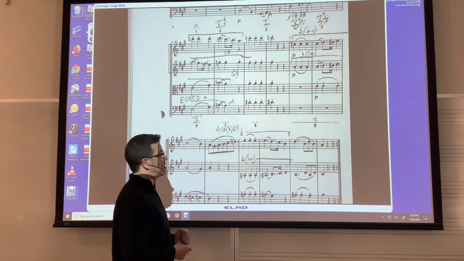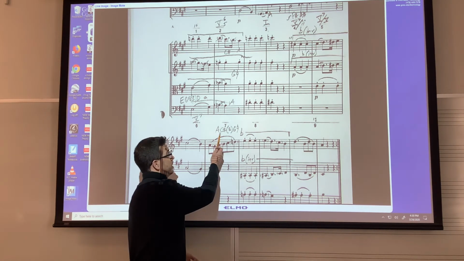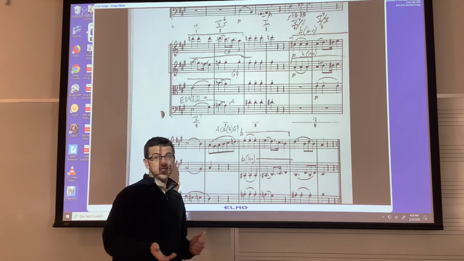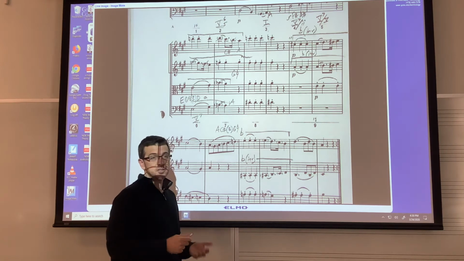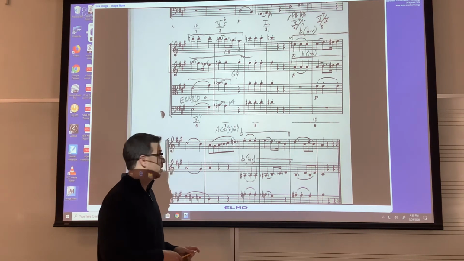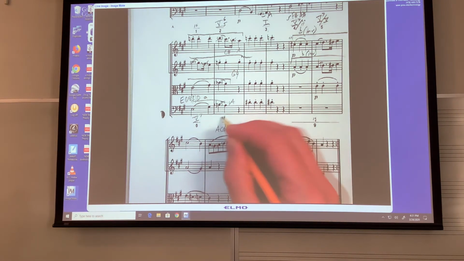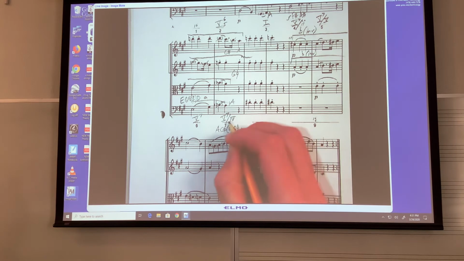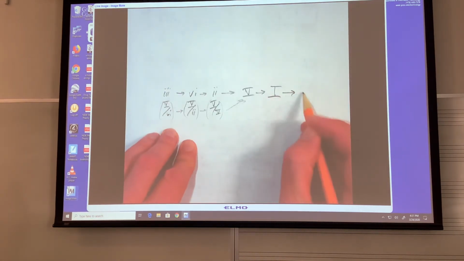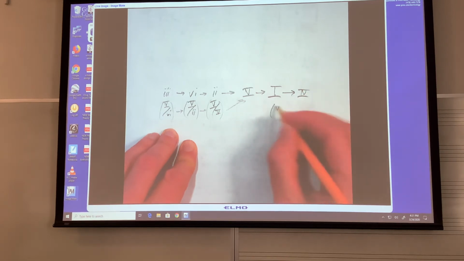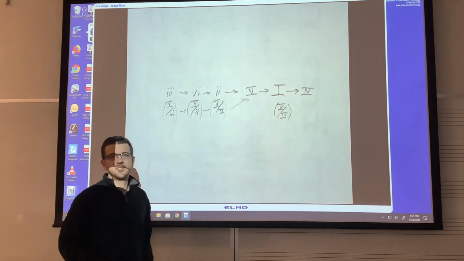So we actually have to call this a secondary dominant. This is an A7. A is the dominant of which key? A is the dominant of D. So this is actually a 5/7 of D, or 5/7 of 4. So that's another one we can add to our list.